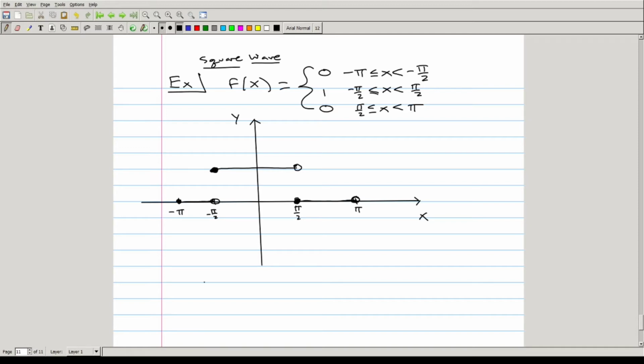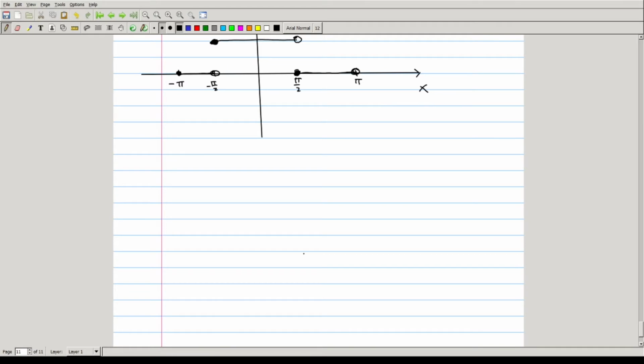And when we go through and compute the Fourier series coefficients here, we have that A naught will be 2 over L times the integral from negative L over 2 to positive L over 2 of our function f of x dx.